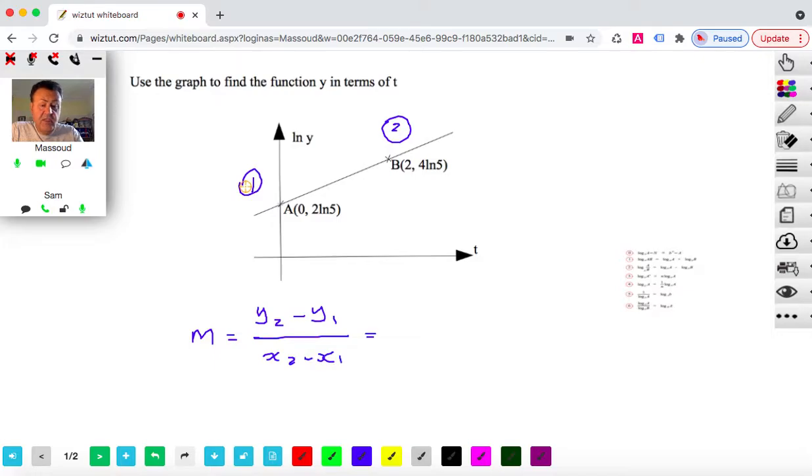In this case, the y of the second point is 4 log natural of 5, and the y of the first point is 2 log natural of 5, and then the x of the second point is 2 minus 0.